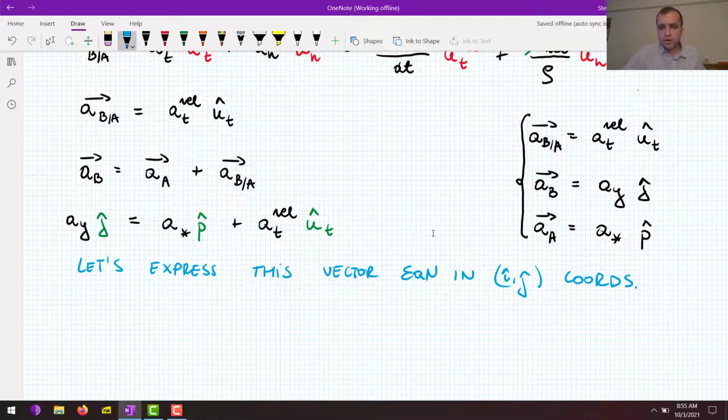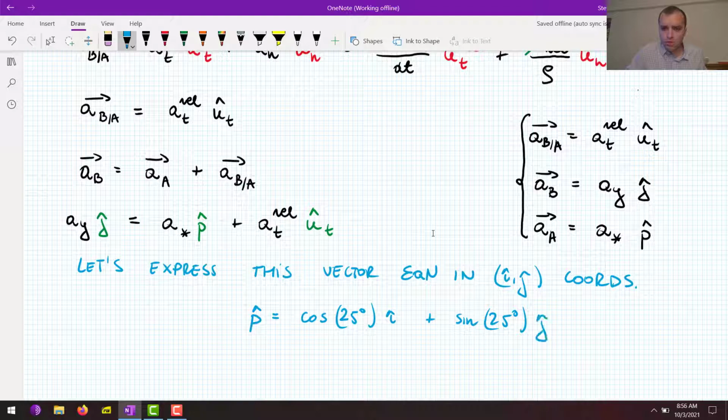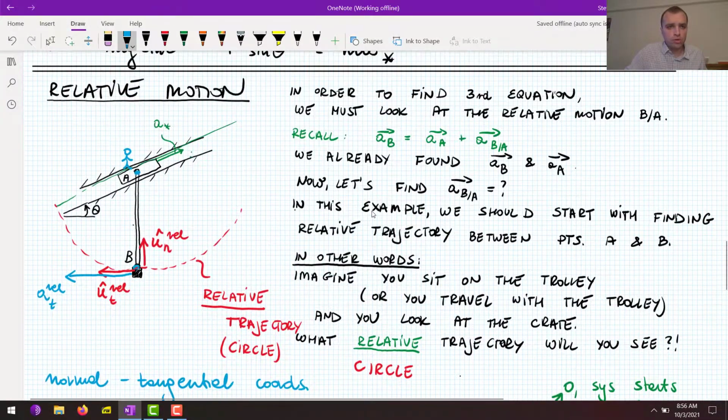Okay, so I think that vector p will have such components: cosine 25 degrees i plus sine 25 degrees j. How do I know that? I know it based on this picture. Please recall that this angle was 25 degrees.